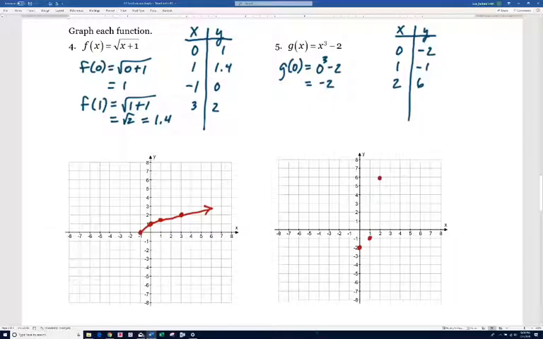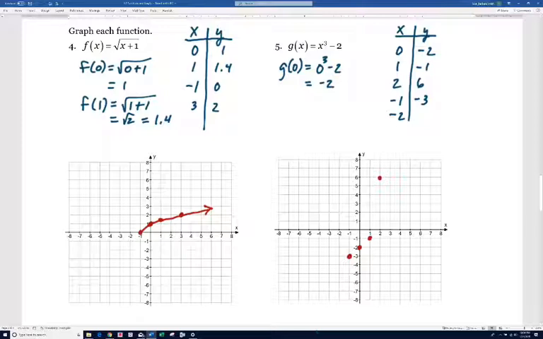So let's go ahead and choose a negative number like negative 1. And negative 1 cubed. Now be careful, when you multiply 3 negative 1s, you do get negative 1. Minus 2, you're going to get negative 3. And so that'll be that point. And let's do one more, negative 2. When you cube negative 2, you're going to get negative 8.